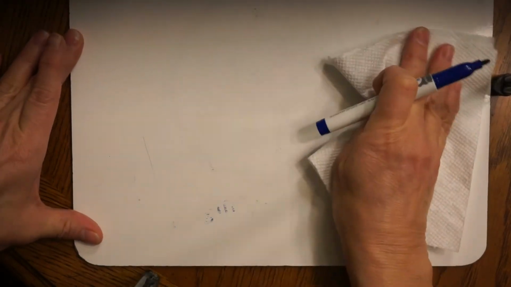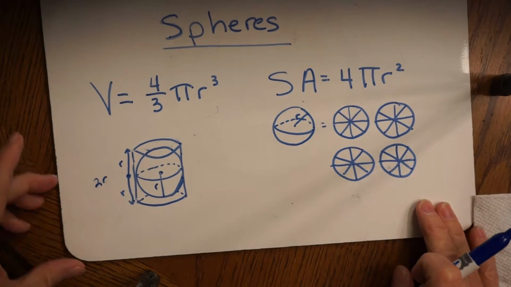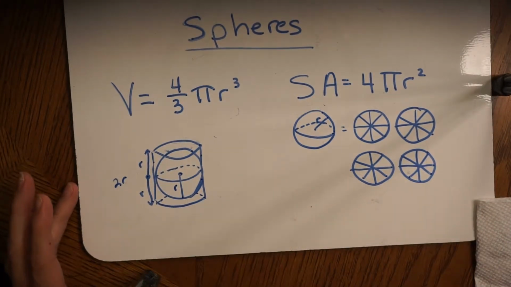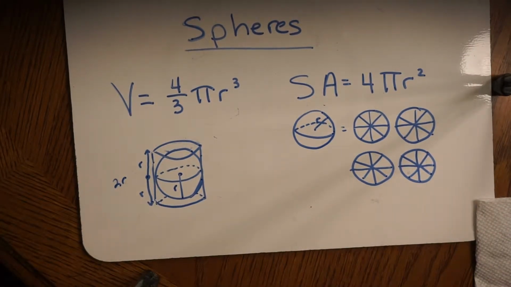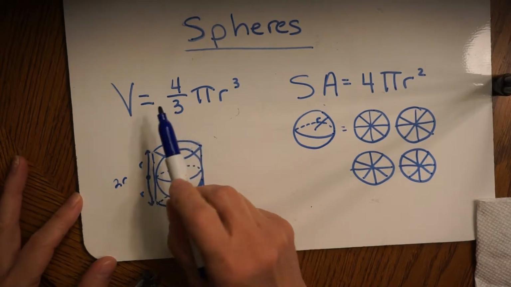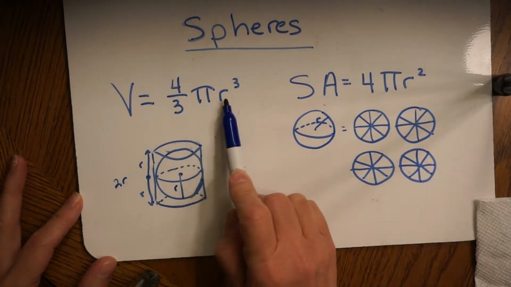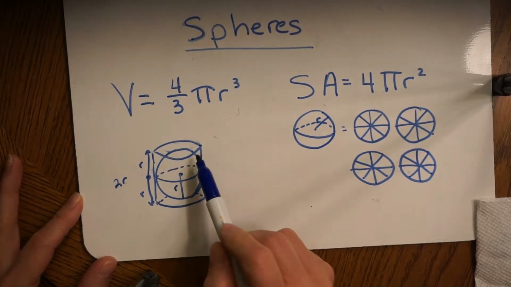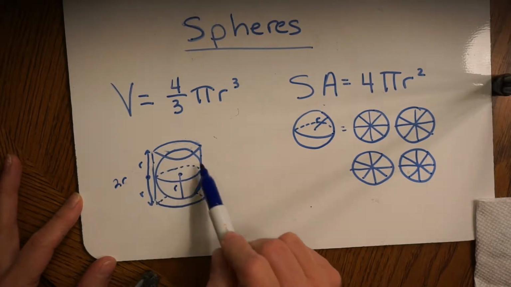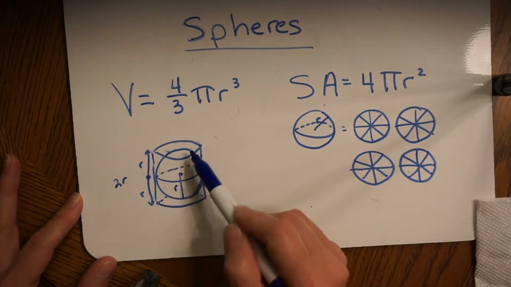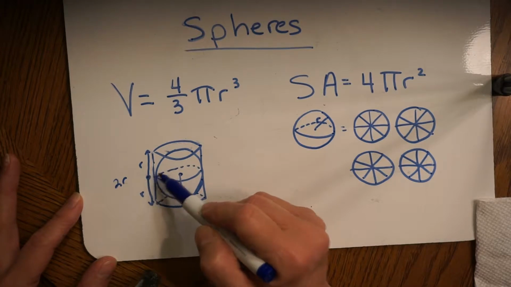Now we're going to talk about surface area, and then we'll do some examples. Okay. Here is my drawing, I hope the shapes help a little bit more. This was for the volume. Again, volume is 4/3 pi r cubed, and you can think of this as the sphere sitting inside the cylinder.